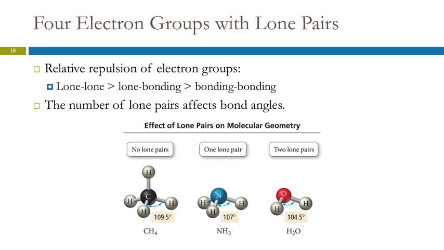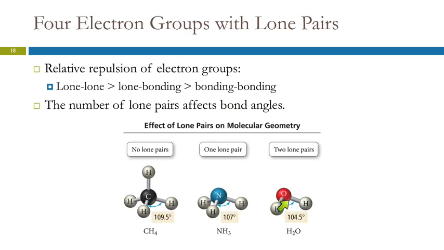So the relative repulsion of electron groups: if you have two lone pairs next to each other, that's the most repulsive situation. A lone pair with a bonding pair is intermediate, and 2 bonding pairs are the least repulsive.